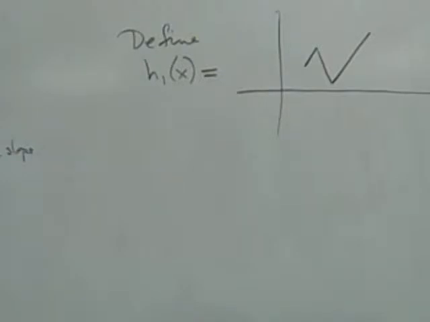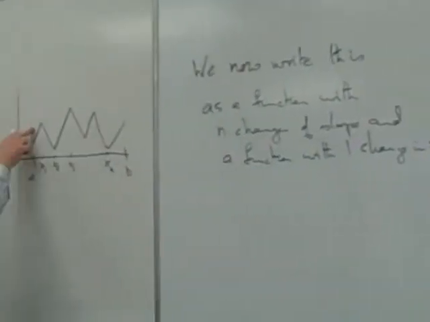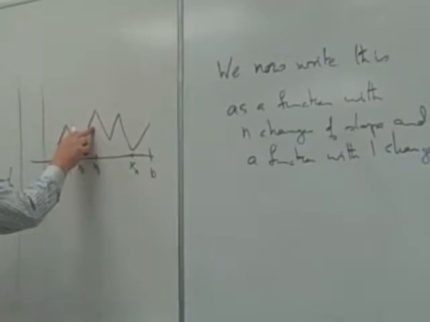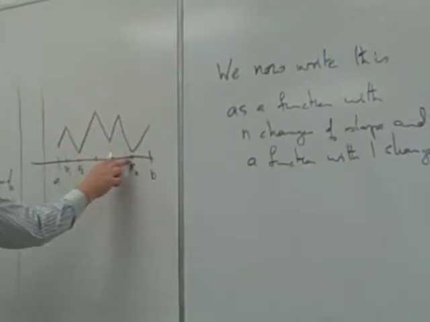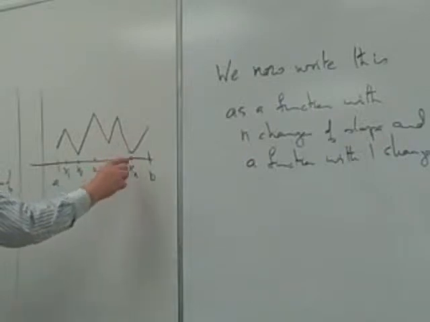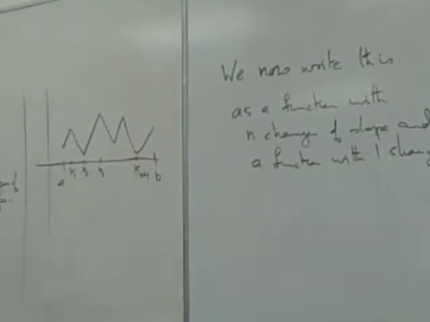Right, I had one slope to x1, 2 to x2, 3 to x3. So you have one change at each point. Okay, so that should be xn plus 1, thank you. So there will be n plus 1 changes in the slope.